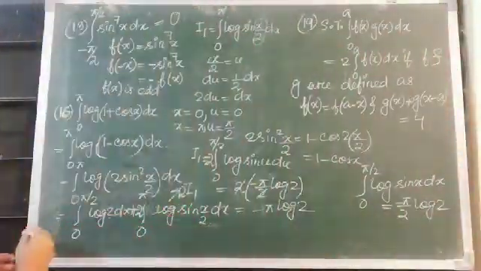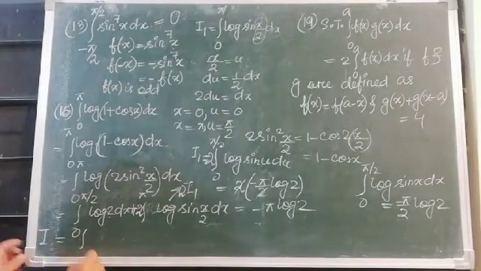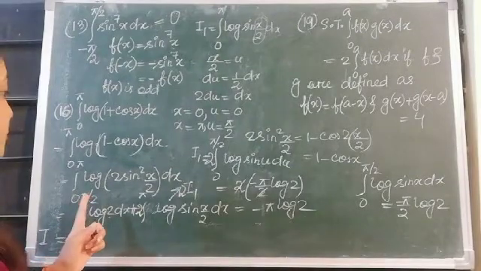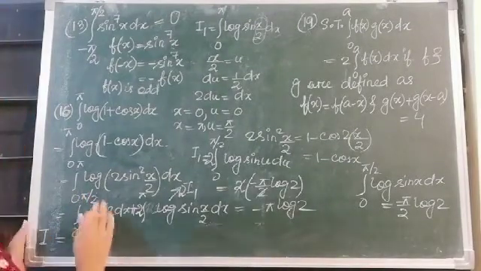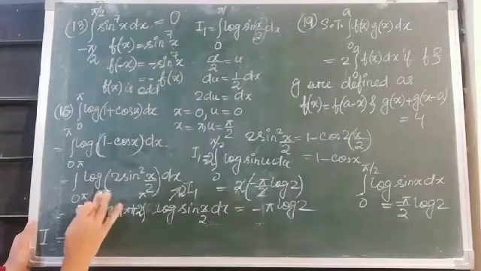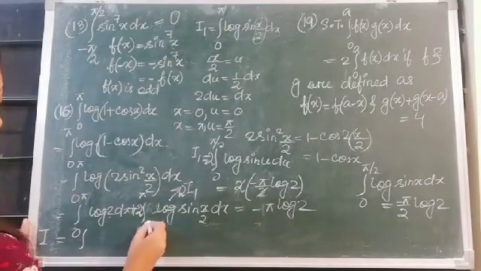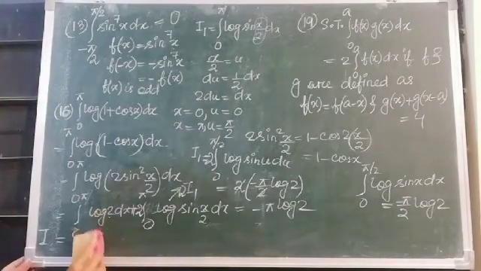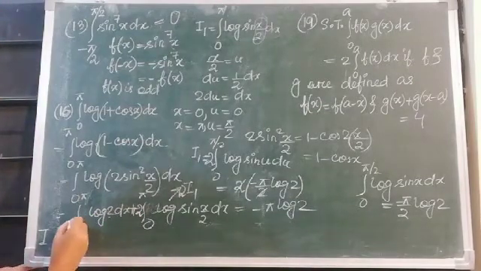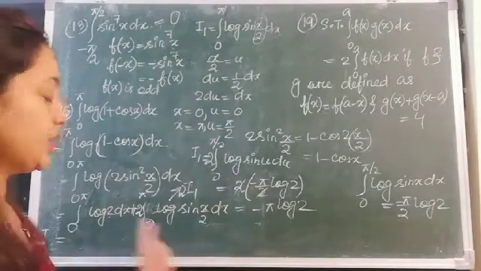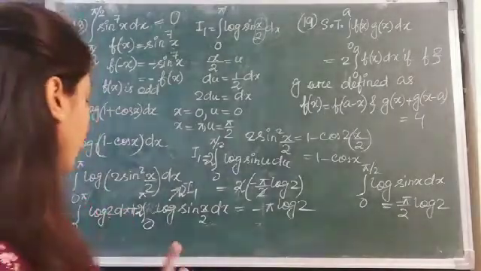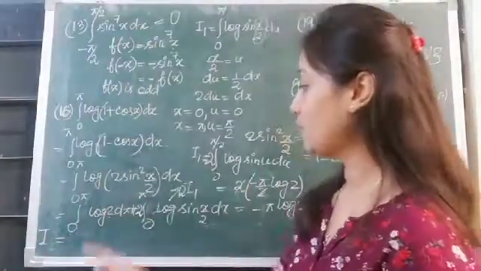Okay, so I will be equal to integration of 0 to pi log 2 dx. So log 2 integration of 1, that is equal to x, and put the value of x to be equal to how much here?